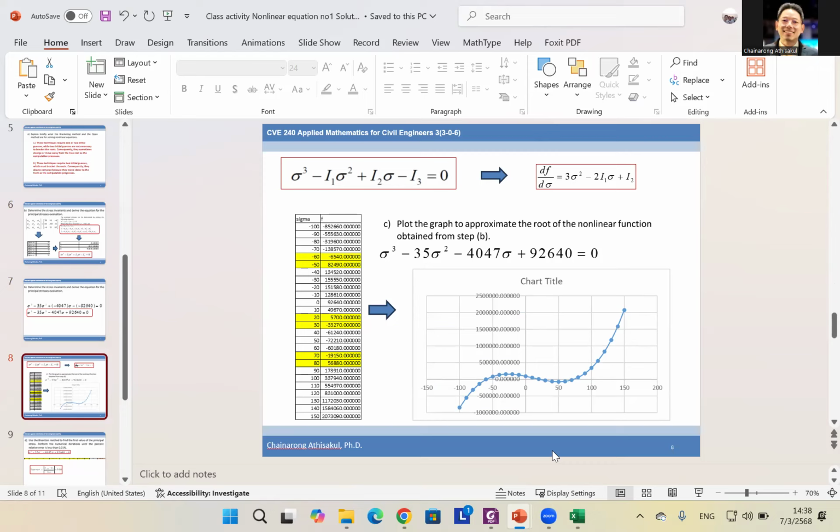For the class activity, you have to submit the same as this by yourself. Practice by yourself how to do it step by step like this. I will not give you this slide because I would like you to do it yourself. It should be better than this.